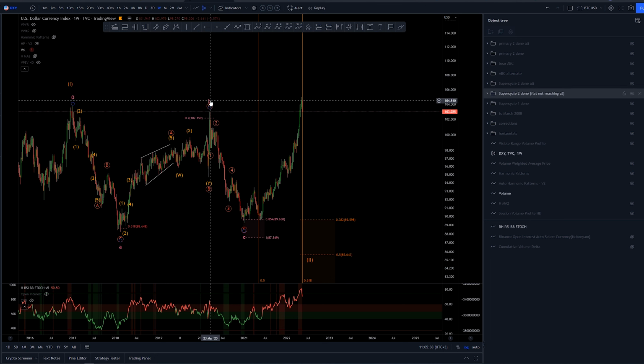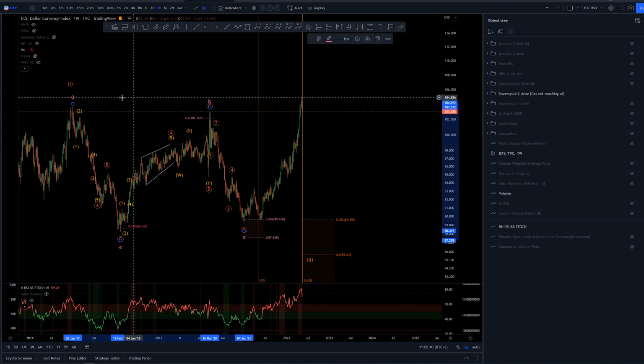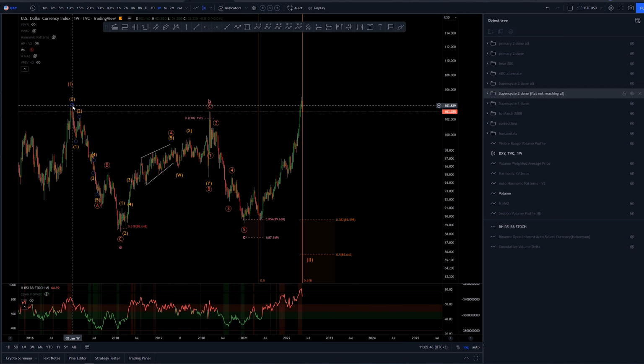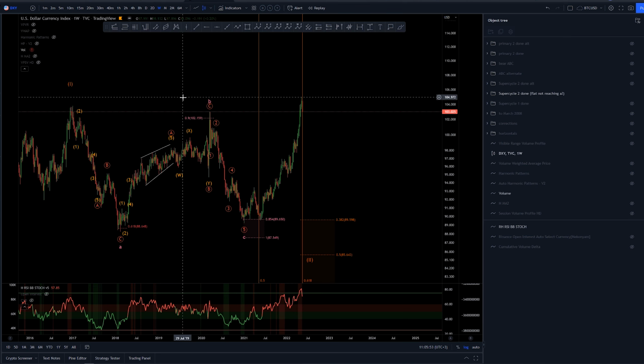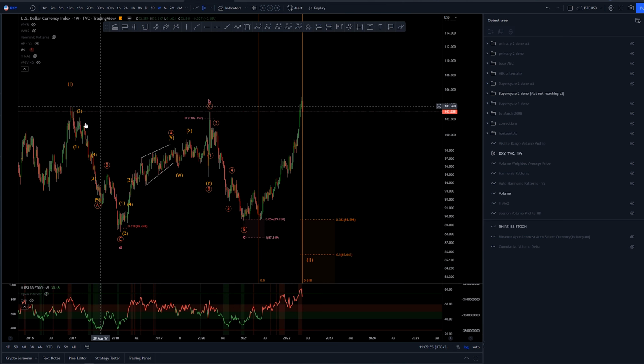The B wave here did get to the 0.9, which would make this a possibility for a flat. However, this B wave did not get past the start of A, which does not qualify it for a running flat or an expanding flat. Therefore, I have a couple of different alternate counts for this if this is not actually the C wave here.